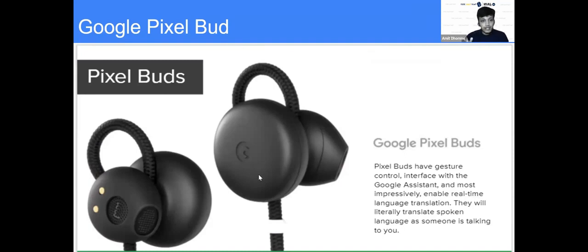And the best thing is the noise cancellation. You can see I'm using this headphone, right? This headphone doesn't have much noise cancellation, but with this Pixel Bud, when you attend a meeting, it has a feature that it won't capture the surrounding noise, and that is based on machine learning.